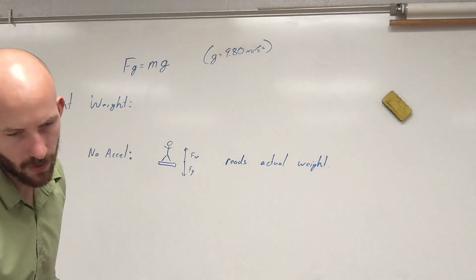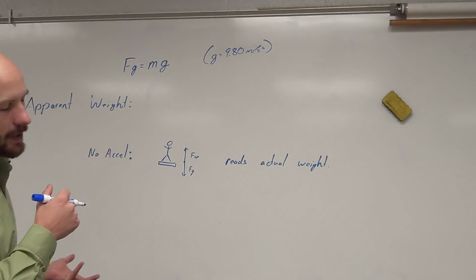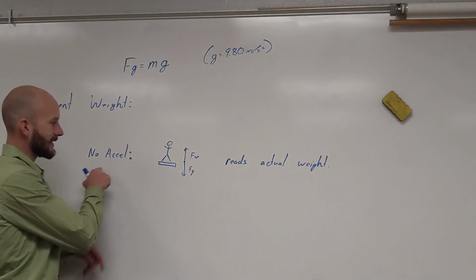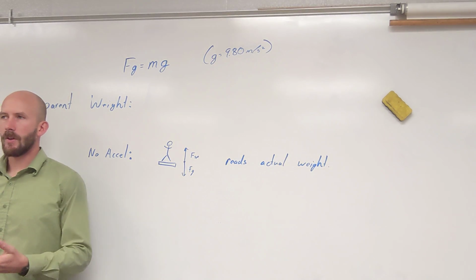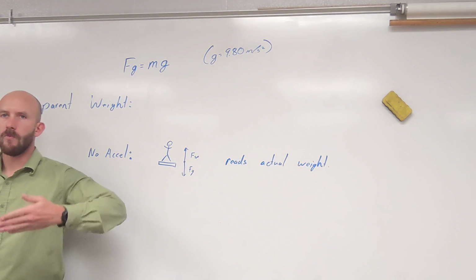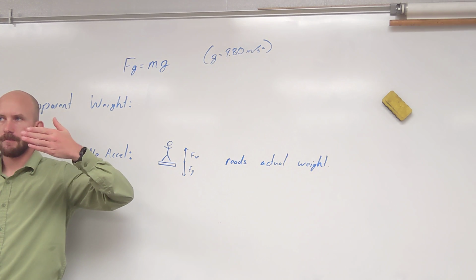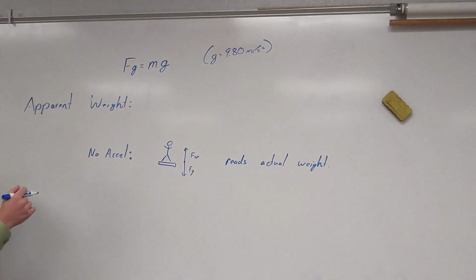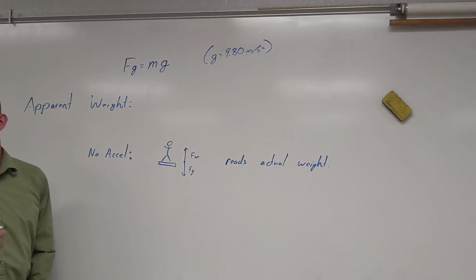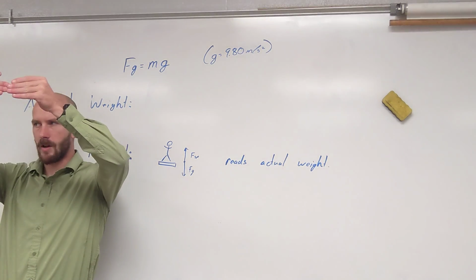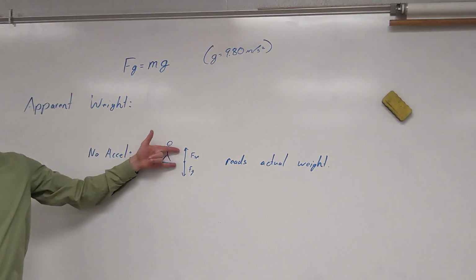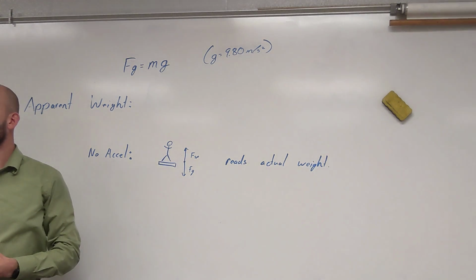So if we are in an elevator, of course, if the elevator is not accelerating, it's going to be this. Even if the elevator is moving upward at a constant velocity. Do I need to go through that, or does that make sense? If the elevator is moving upward at a constant velocity, there's no acceleration, the scale would still read your actual weight.